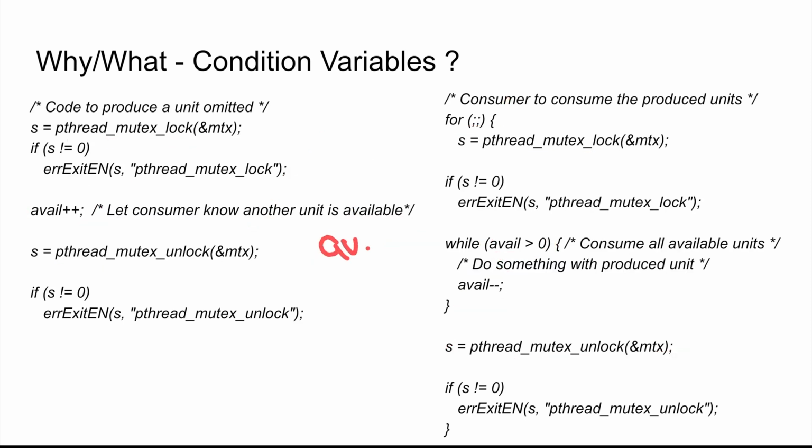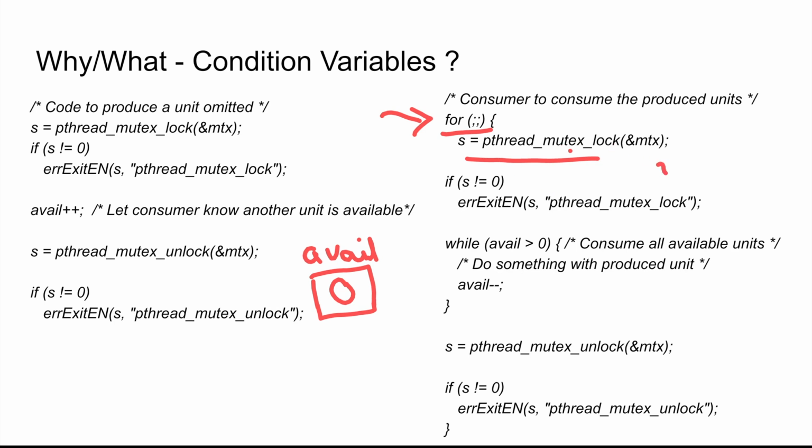The problem with such a methodology is that consumer spins inside this infinite for loop checking for the produced unit. To understand the point that I'm trying to make, let's see a scenario where avail is 0 and producer has not produced any unit yet. Consumer starts running, goes into this infinite loop, does a pthread mutex lock. Once the pthread mutex lock has been executed, producer cannot run.